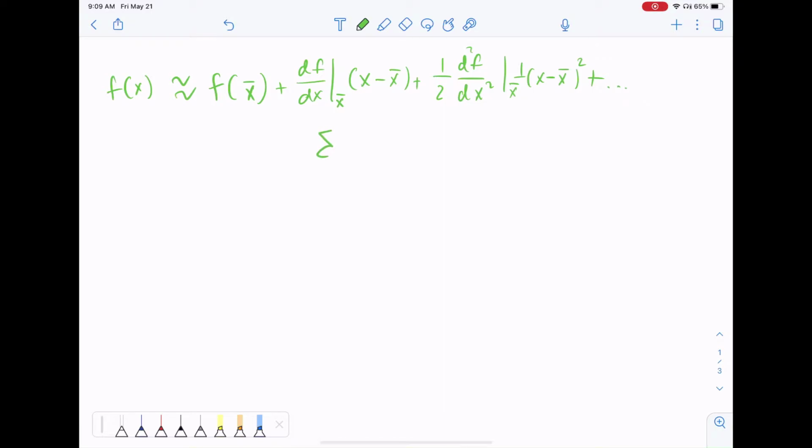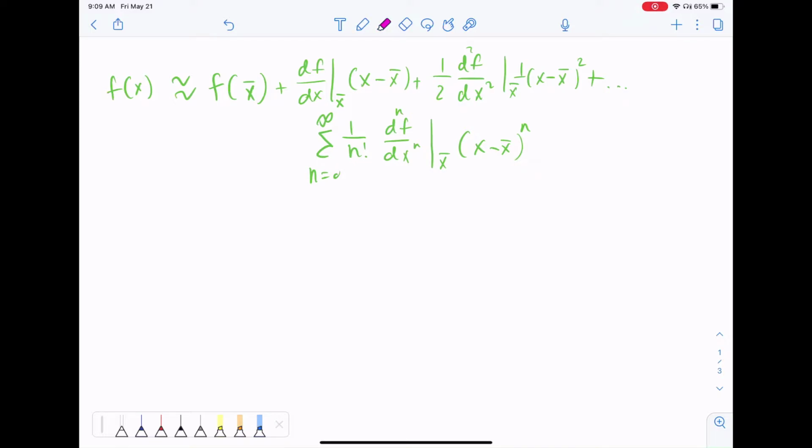The series is 1 over n factorial, df dx to the n, evaluated at x bar times x minus x bar to the n, from n equals 0 to infinity.